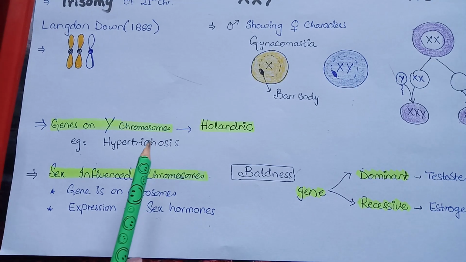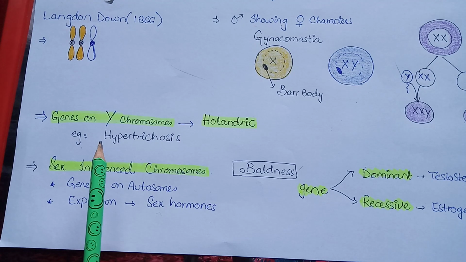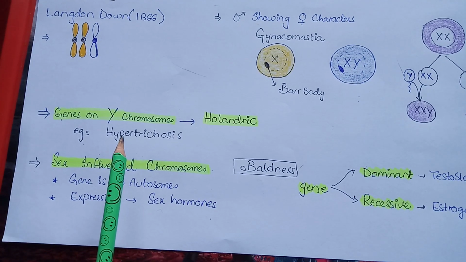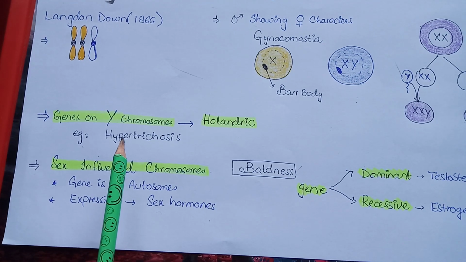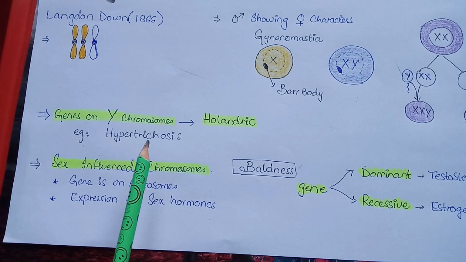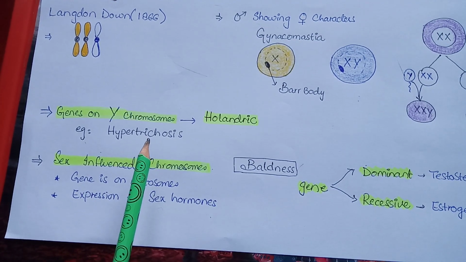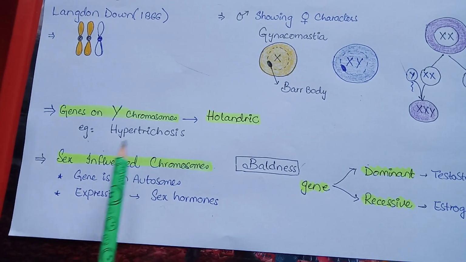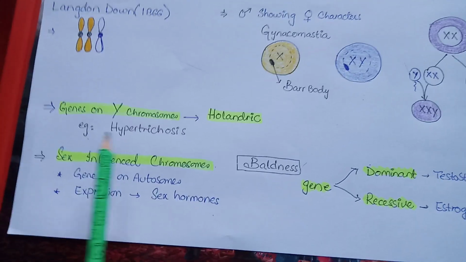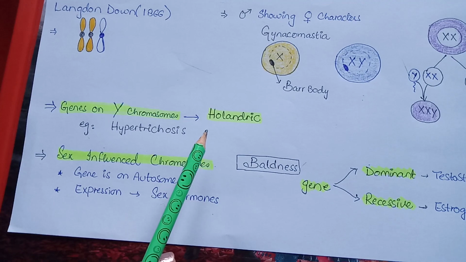Okay, so the example is hypertrichosis. This is a condition in which there is extra hair on the external ear or pinna, and this is seen in case of males. Because the gene is located on Y chromosome, it is passed from father to son, as we are talking about Holandric genes.